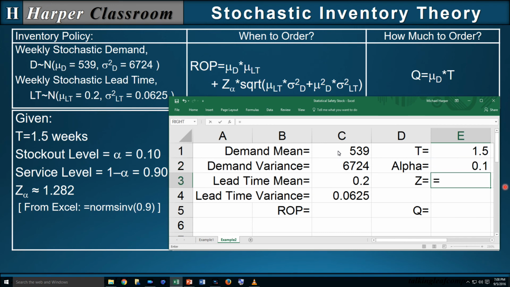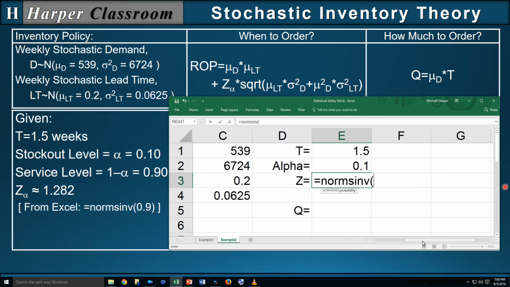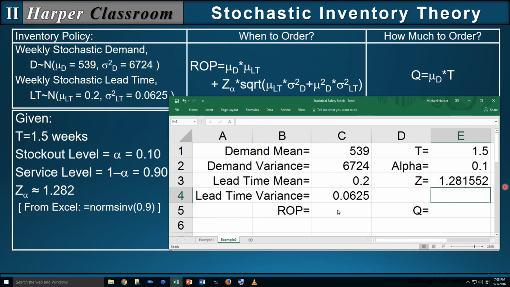Now for Z, that's going to be the normal standard inverse, and this is going to be 1 minus our alpha. Since alpha is our stock out level, 1 minus alpha would be our service level. And there's the approximate 1.282.